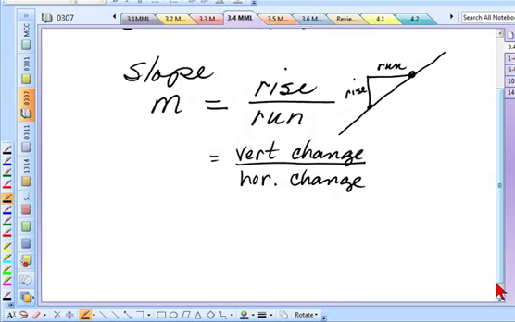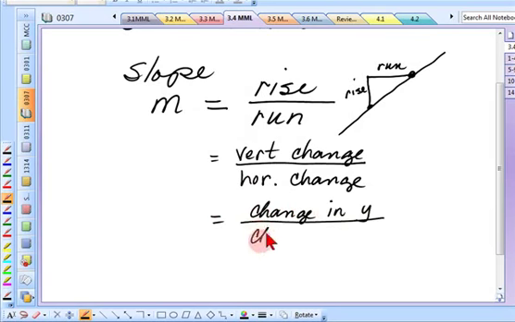In mathematics, in our graphing that we study, vertical is controlled by the y's. Horizontal is controlled by the x's. So it is sometimes called the change in the y's compared to the change in the x's.